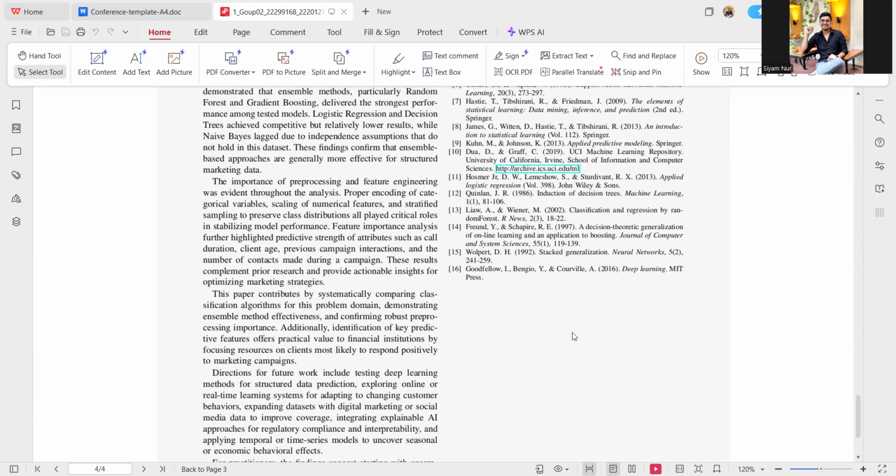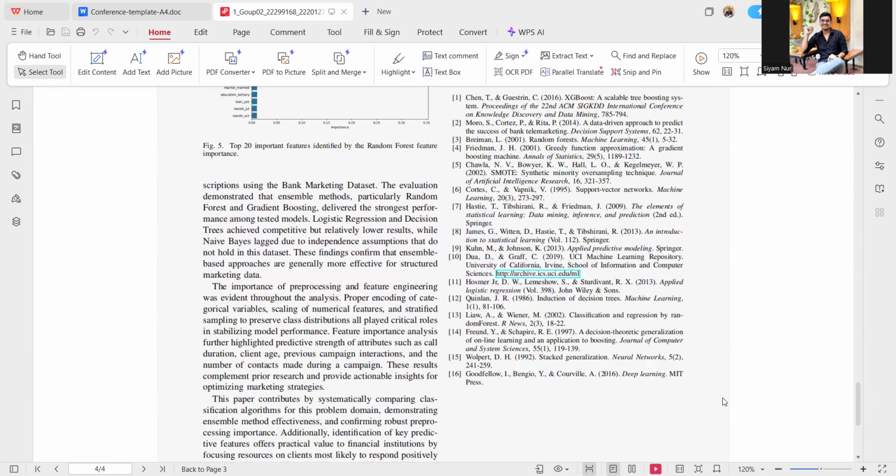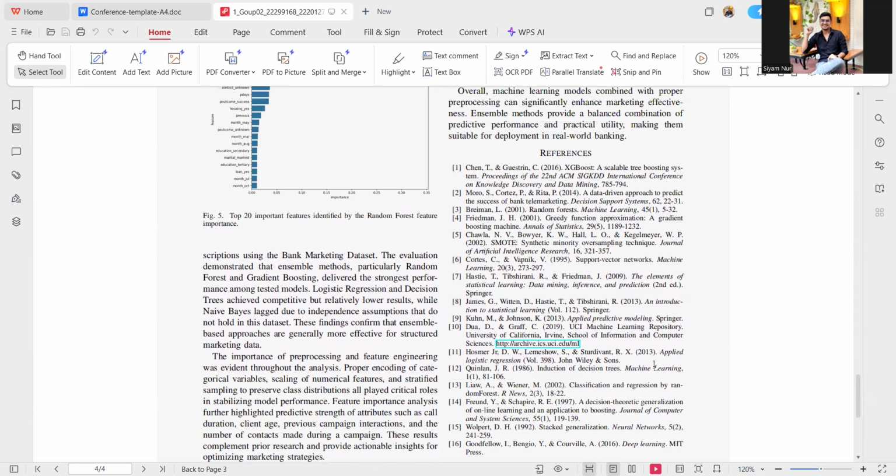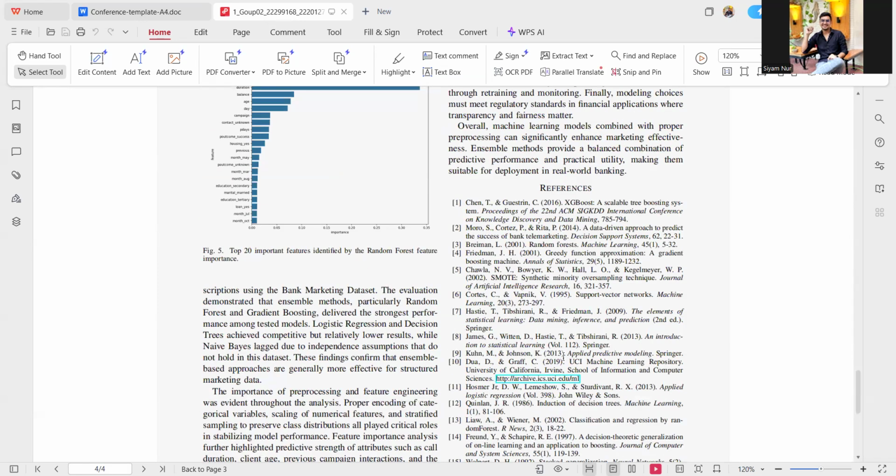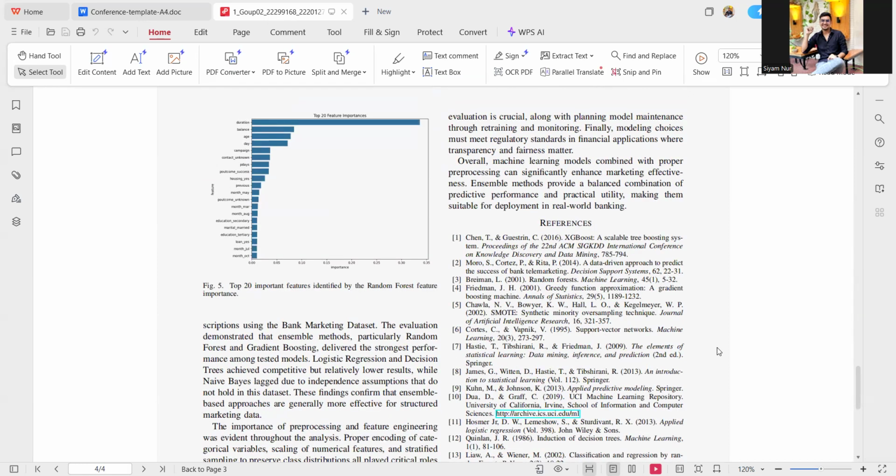Furthermore, incorporating additional data sources such as digital marketing data, social media interactions, or customer feedback could significantly improve models' accuracy and help banks tailor-make marketing strategies even more effectively.